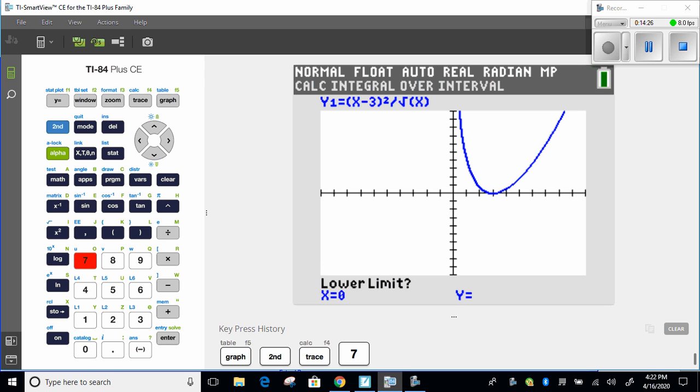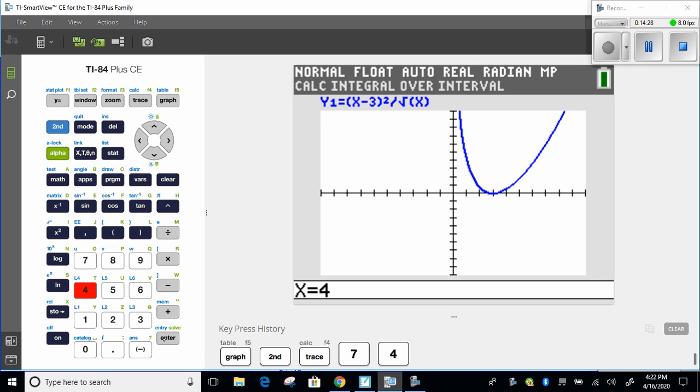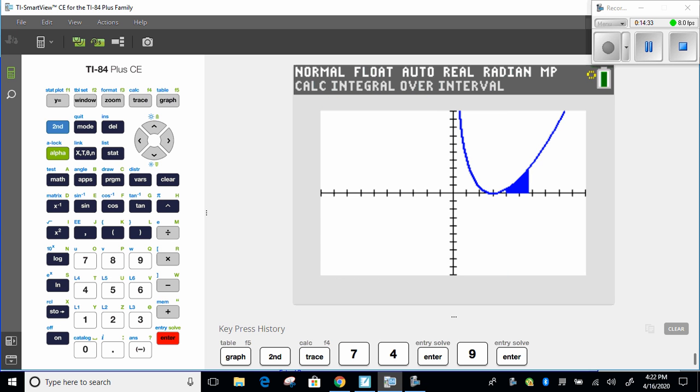Number 7, 4, 9. So that is my area under the curve. Okay, so now you know how to evaluate definite integrals where they have that bound, and we can look at it graphically, and then we can also do it algebraically.